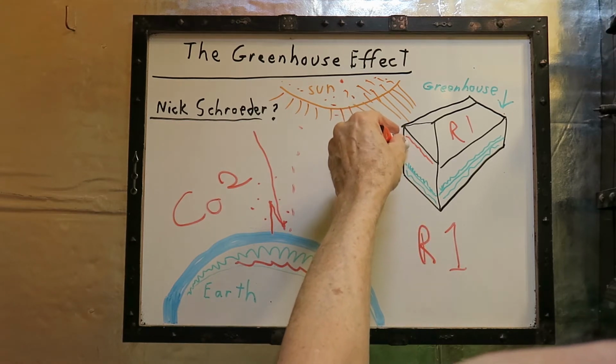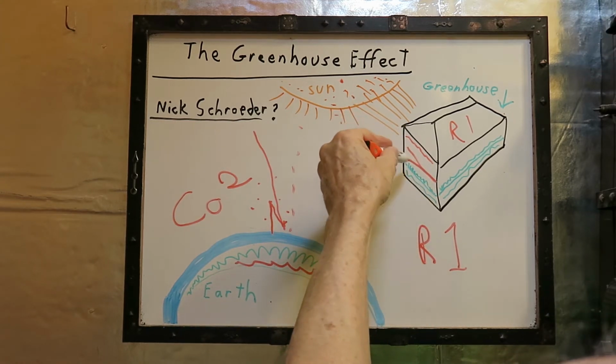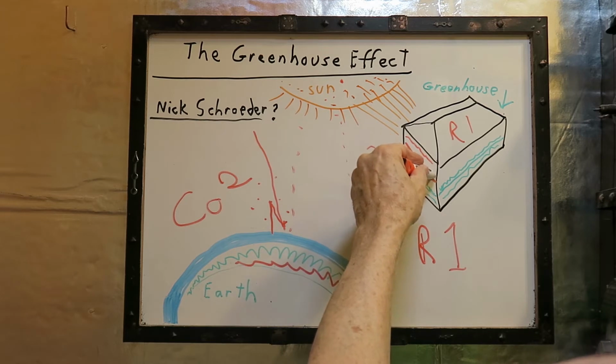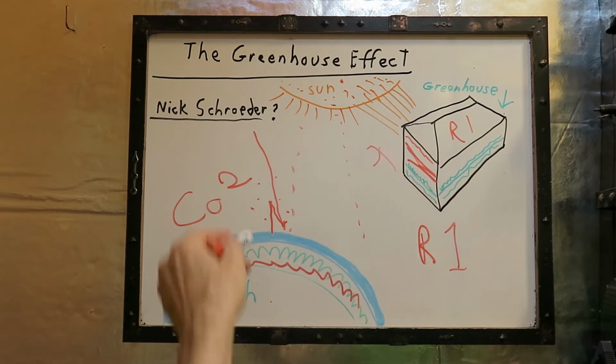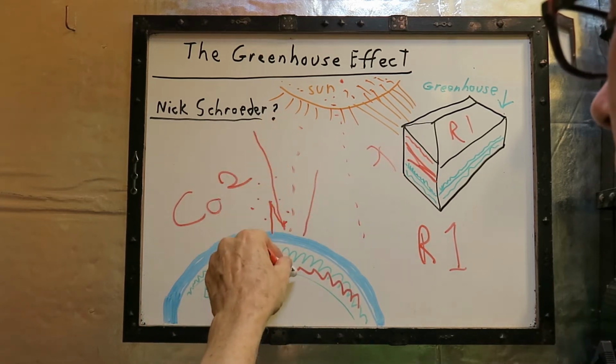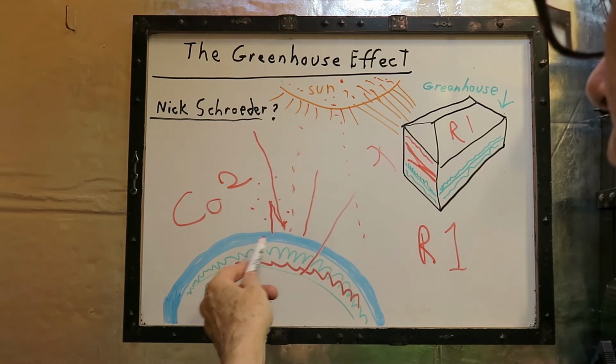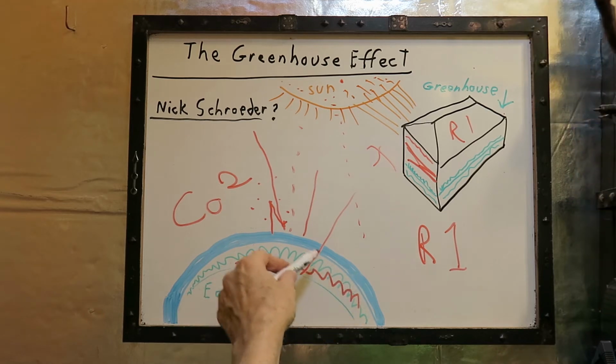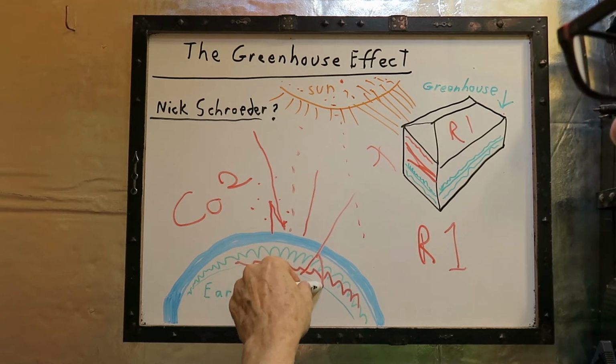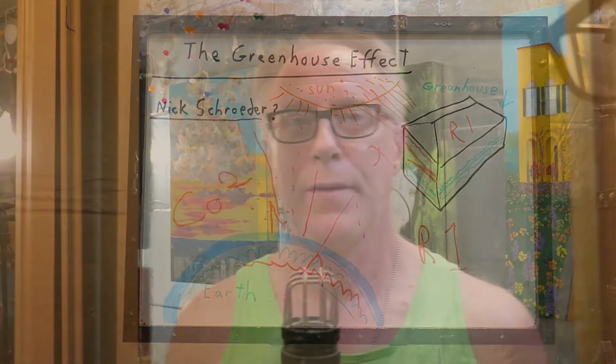So in other words, the heat comes in, hits, comes back, dies. The next one comes in, hits, dies. Instead of coming down, hitting the ground, and reflecting the heat back out into space, there's this blanket which is causing the heat to come back down onto the surface of the planet.